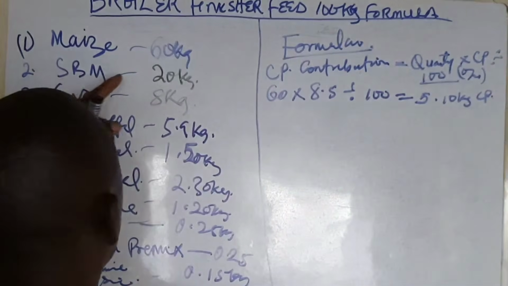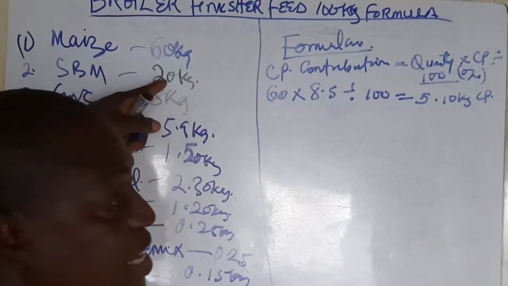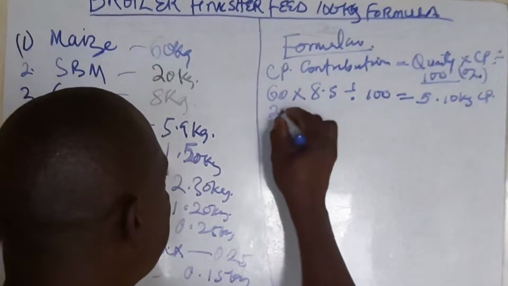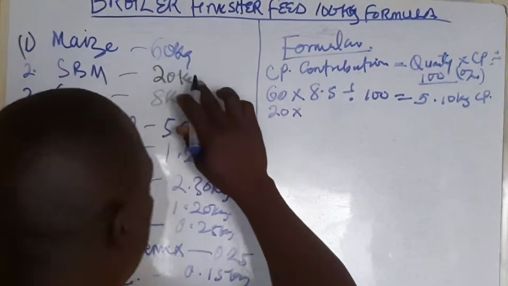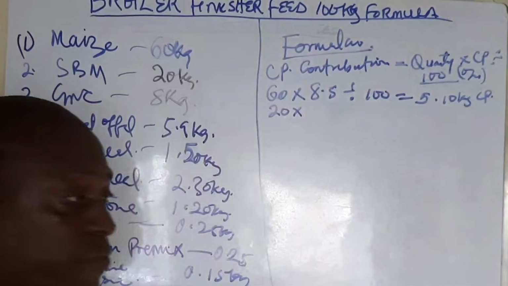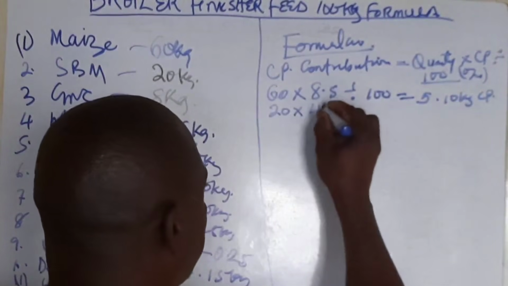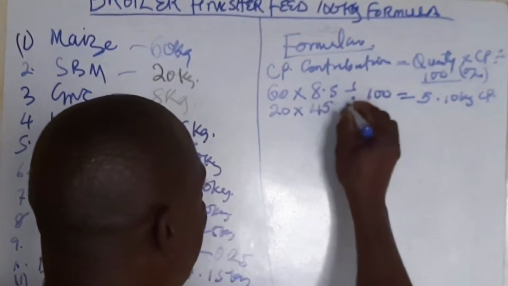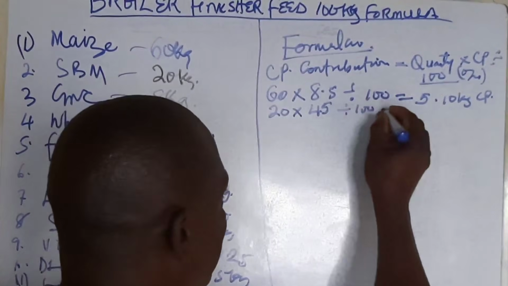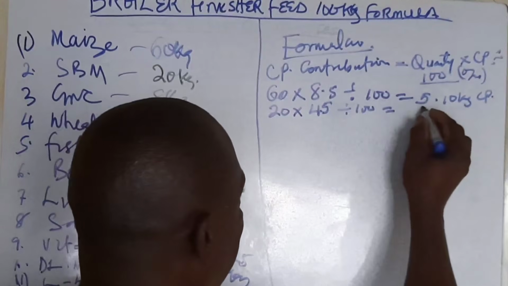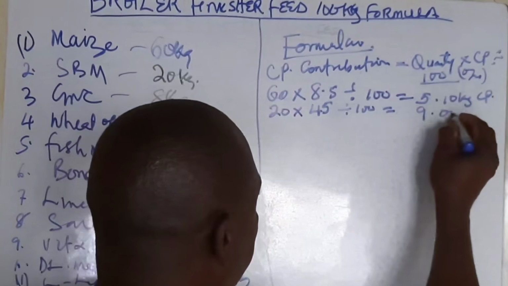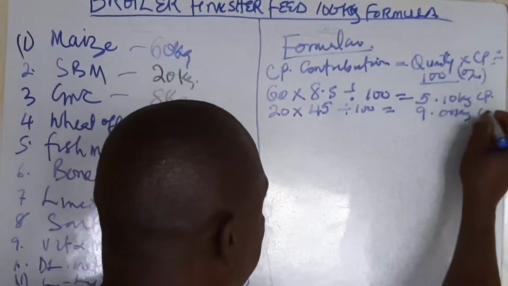The next one is soybean. Soybean, the quantity here is 20 kg. We are going to get 20 times the crude protein content of soybean. If you have watched the video, it's 45% crude protein. 20 times 45 divided by 100. This will give us 9.00 kg CP.